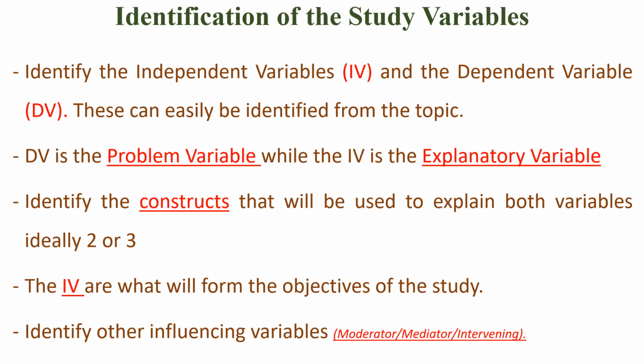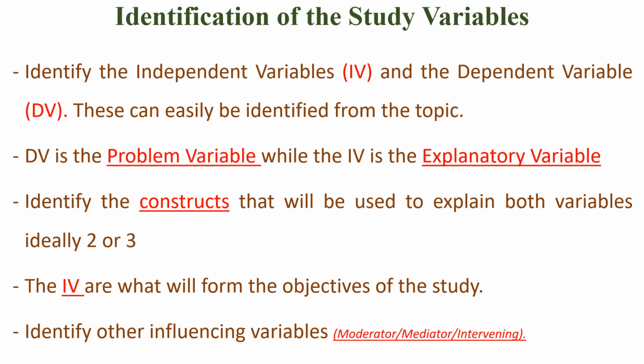So as you develop your conceptual framework, one of the first things you need to do is to identify the study variables. From your topic of study, you should be able to identify the independent variable and the dependent variable.